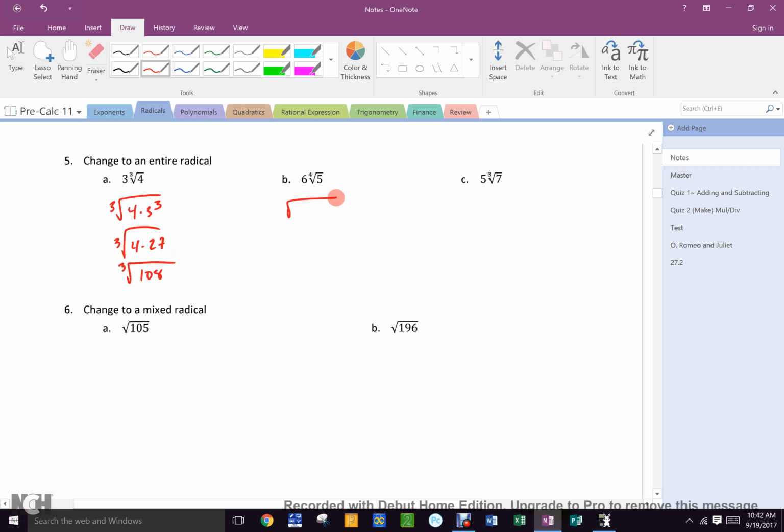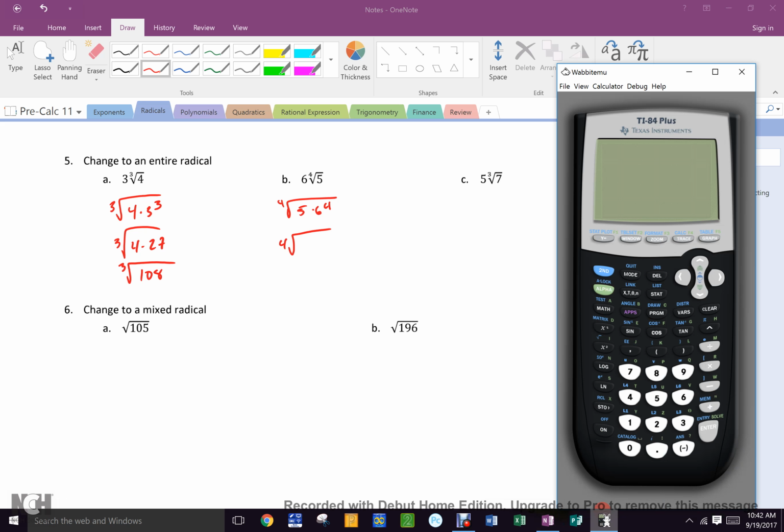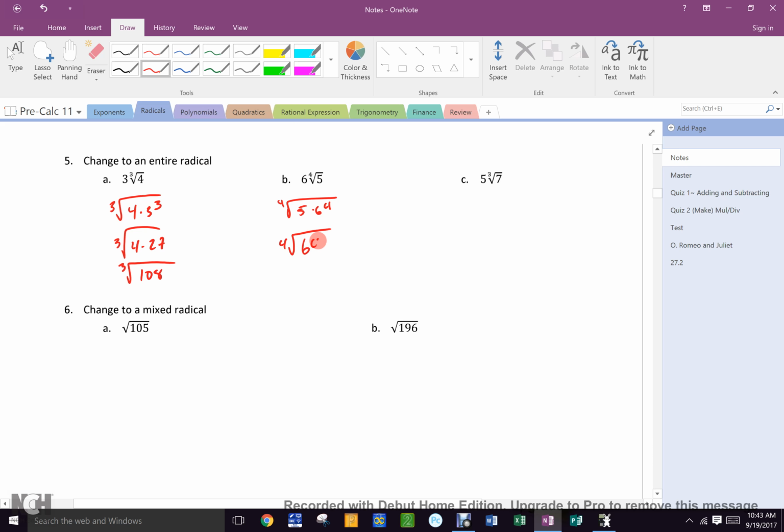That is the fourth root of 5 times 6 to the fourth, which is the fourth root of... I gotta get my calculator out, can't do that in my head. 6 to the fourth times 5. The fourth root of 6480.